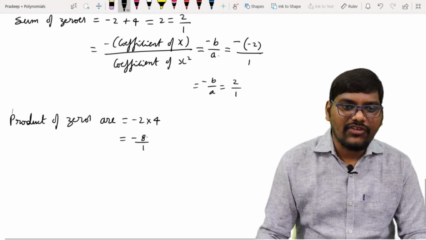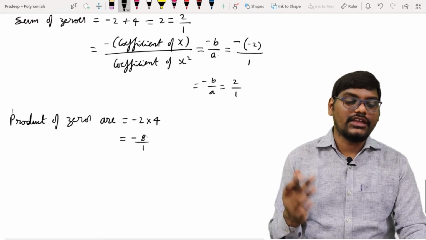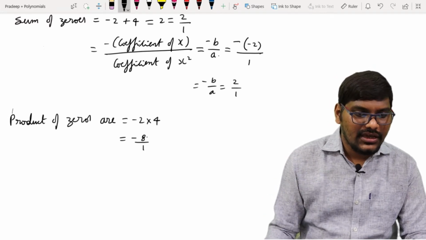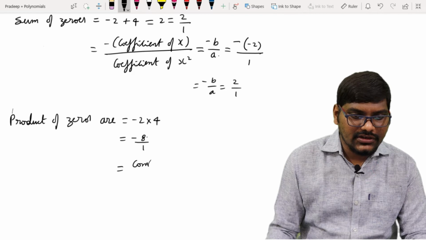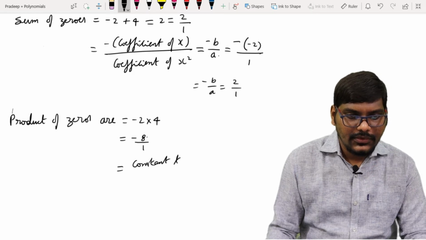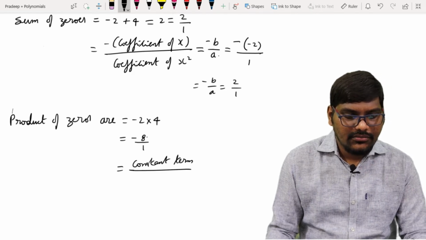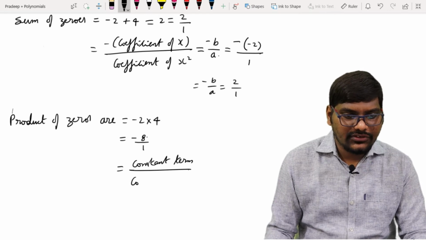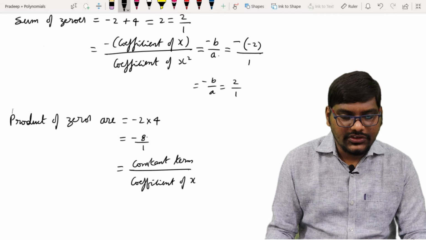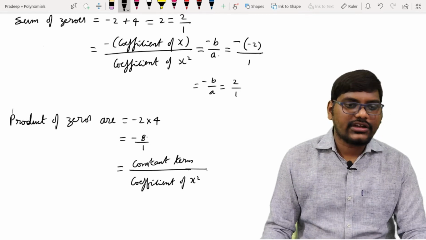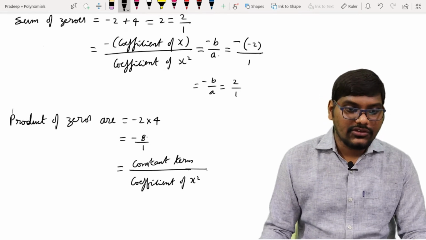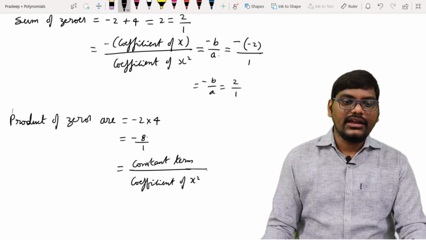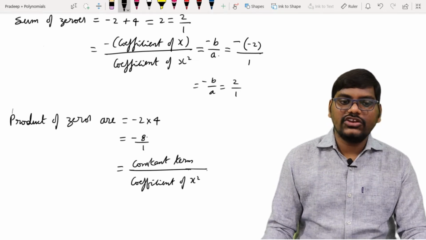If we write the product in the form of coefficients, we have to write like this: constant term by coefficient of x square. So this is for the product of the quadratic equation: constant term in the numerator and coefficient of x square in the denominator.